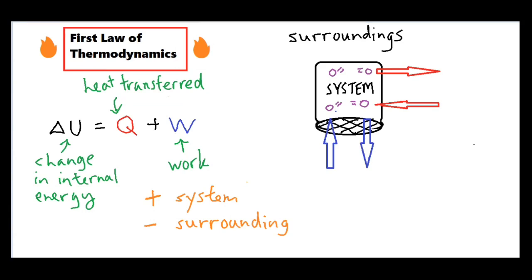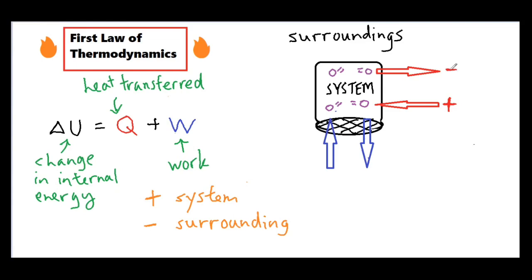Now, Q is either the heat going in or out of the system. If it is going into the system, we will call that positive because it's going to raise the temperature, which in turn changes the average kinetic energy of those molecules, and then that internal energy will rise as that temperature rises.